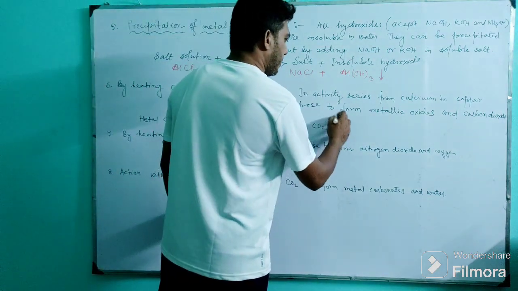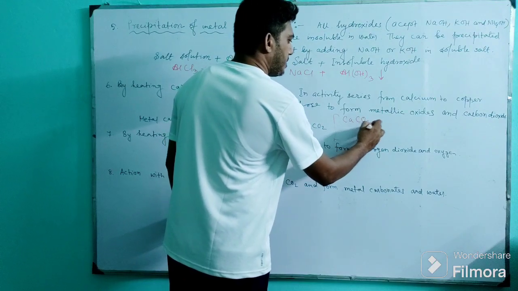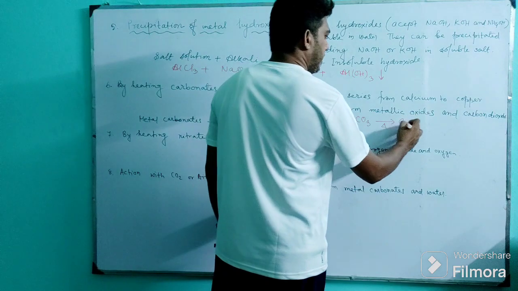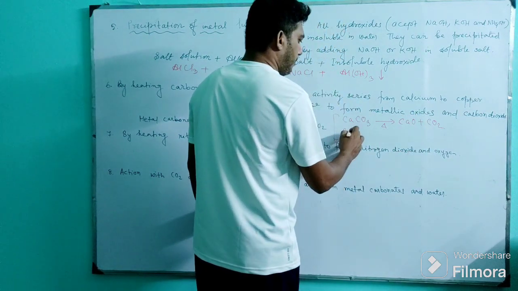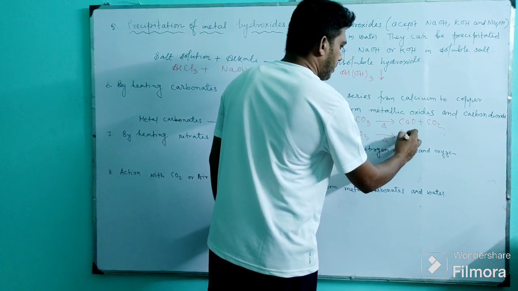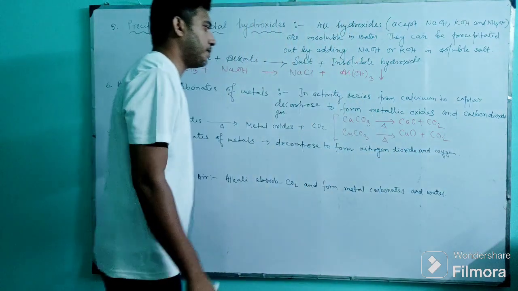Take one example: calcium carbonate, CaCO3, on heating decomposes and forms calcium oxide plus CO2. You can take copper carbonate also; on heating it will form copper oxide and CO2.